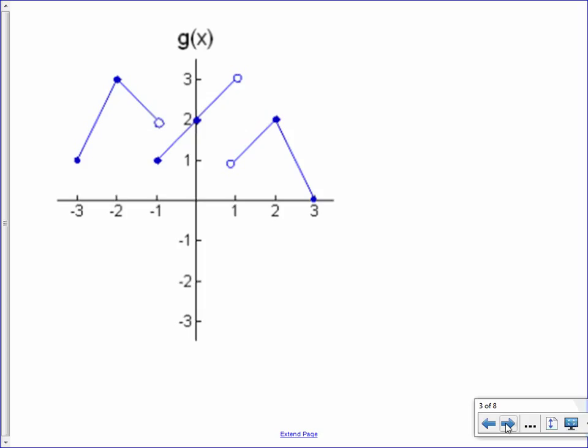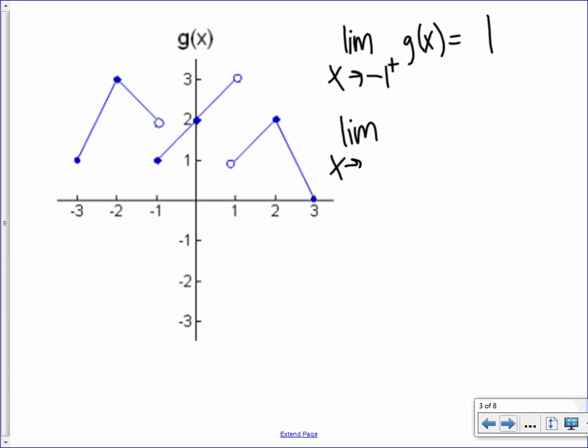If I ask you for the limit as x approaches negative 1 from the right, from the right we're approaching 1. What about the limit as x approaches negative 1 from the left? From the left side of negative 1, we're approaching this coordinate right here at 2.